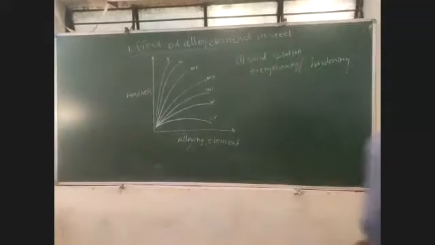So let us consider the first effect of alloying elements in steel. Here is the graph of hardness versus alloying element. The first effect is solid solution strengthening and hardening.